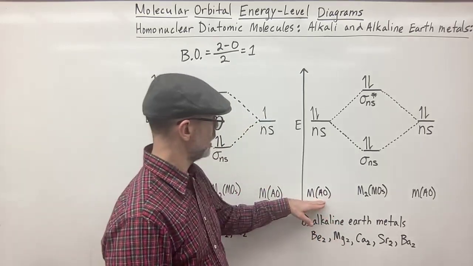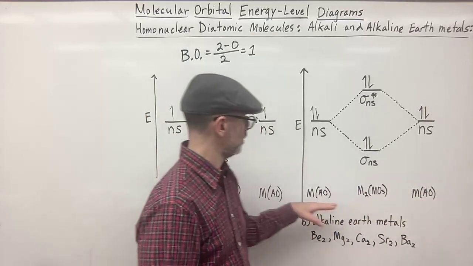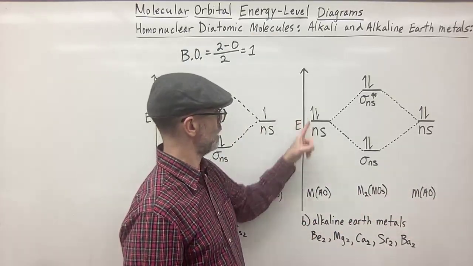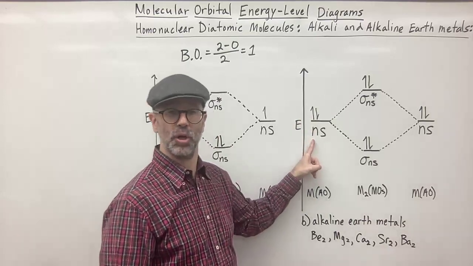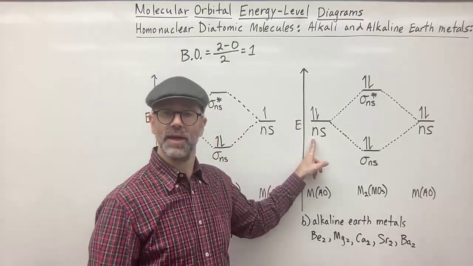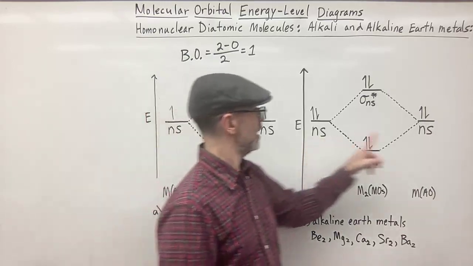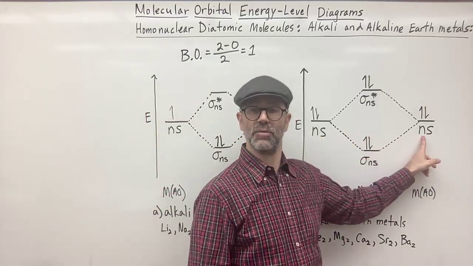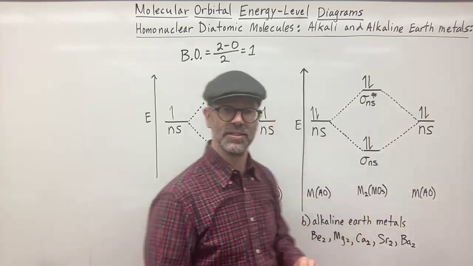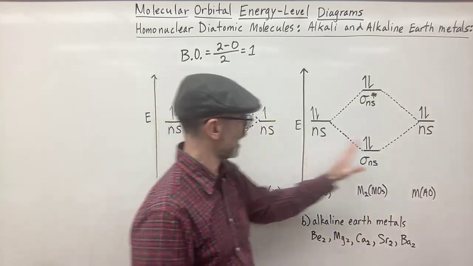Again, the atomic orbitals of each of the metals has 2 valence electrons. So we have 2 valence electrons in the ns orbital for our metal. So here's a metal atom with 2 valence electrons in the ns, and here's the other metal with 2 electrons in the ns. And again, they're the same atom.